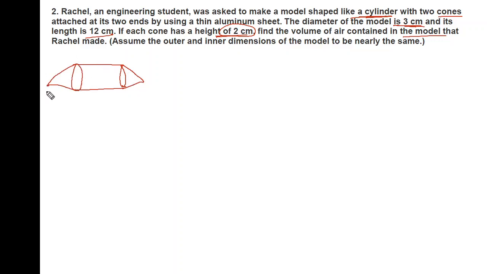The height of this cone, this length, is equal to 2 cm. Total length is 12 cm. So this length will also be 2 cm. Now what will be the height of the cylinder? So this length will be equal to 12 minus 2 plus 2, 4, which will be equal to 8 cm.